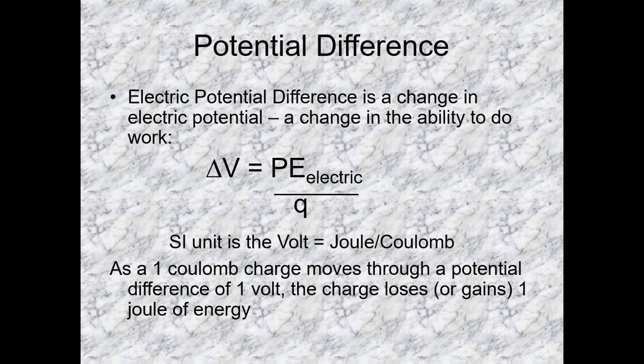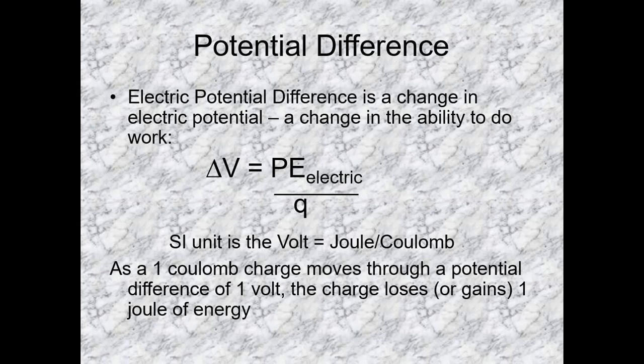Similarly, there is a charge difference, and if it tries to balance, the charges will try to balance each other. This phenomenon is known as potential difference, the change in electric potential.